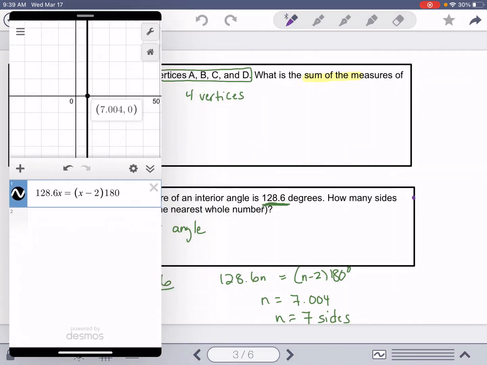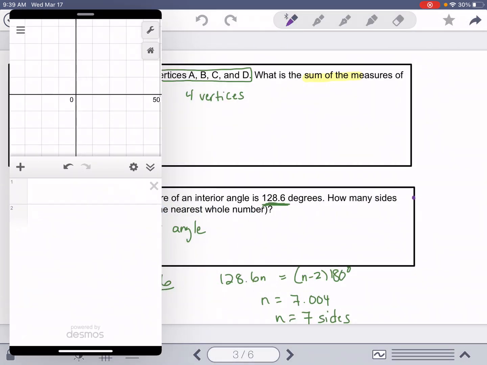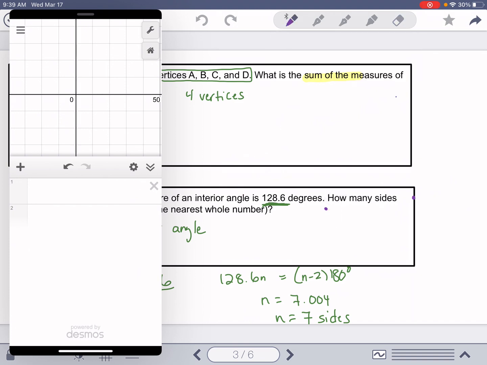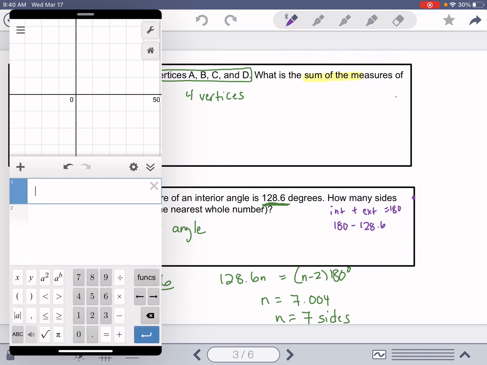Well, if I say interior plus exterior equals 180, and so if I say 180 subtract 128.6, that will give me the exterior angle.